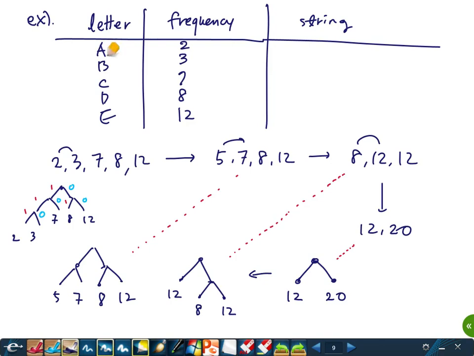So A is the letter with frequency 2, right? And if you follow the tree from the root to 2, then you get 1, 1, 1. So it's going to be 1, 1, 1. All right? What about 3? B has frequency 3, so it's 1, 1, 0, 1.